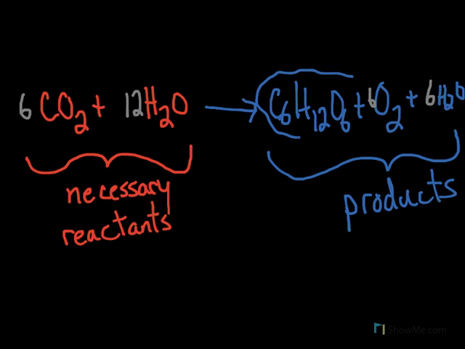Glucose is our molecule that we consider our organic food, and also oxygen is produced as well. And when later on we get into the environment and ecology, we talk about this balance of CO2 and oxygen in the atmosphere, and certainly photosynthesis plays a huge role in that balance of our atmosphere.